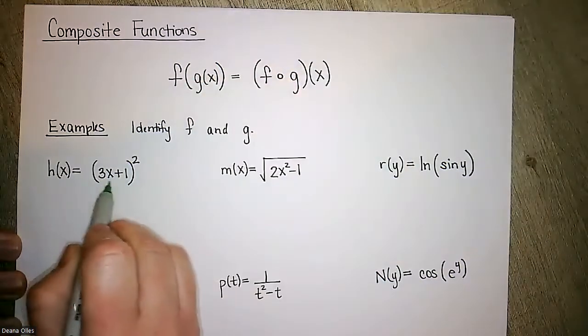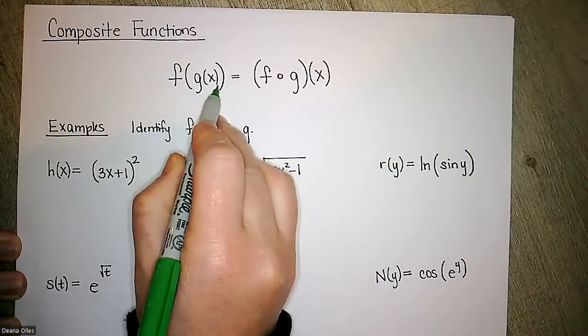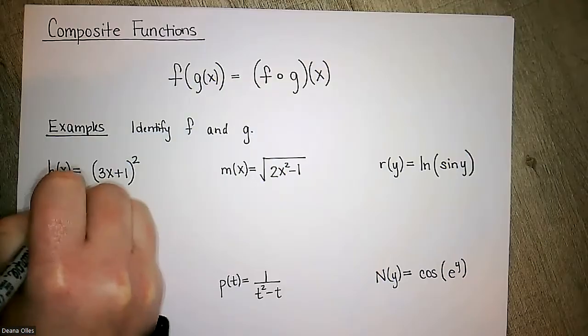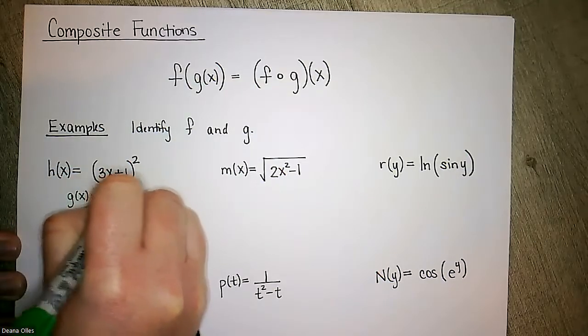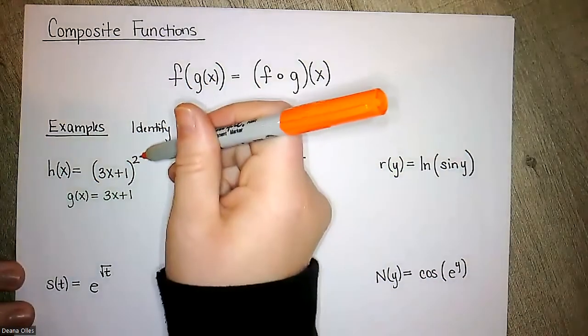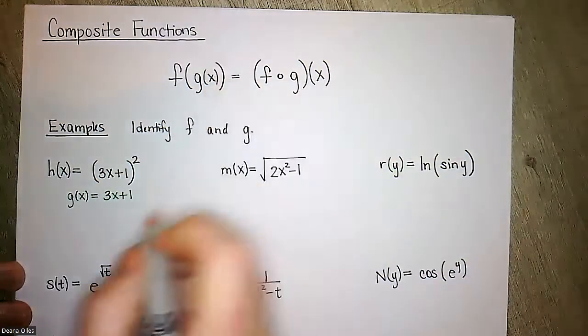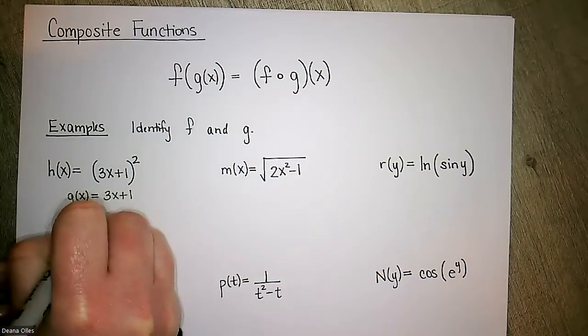So the 3x plus 1 is what's inside, so that will be my g. And then what I'm doing to it, that function type, is my f. I'm squaring the 3x plus 1, so my f is going to be just x squared.